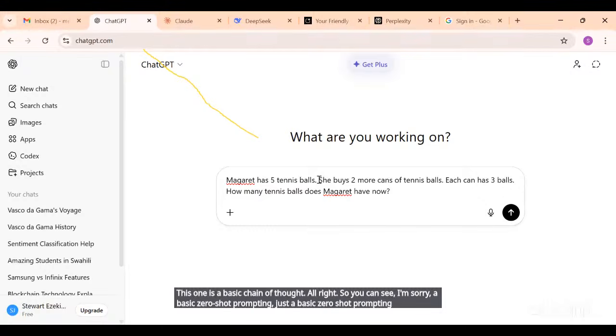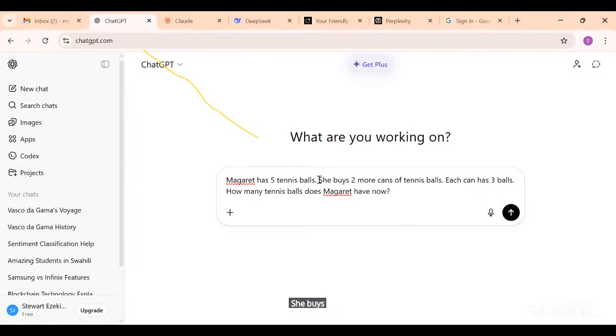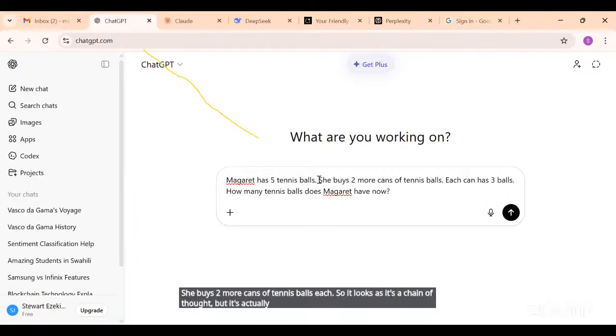So we just put things, but if you're looking at it, it looks like chain of thought. And that's why I don't want you to mistake it. So it says Margaret has 5 tennis balls. She buys 2 more cans of tennis balls each. So it looks as if it's a chain of thought, but it's actually your basic zero-shot prompting. And somehow this might not even give you the correct answer of what we're looking for.